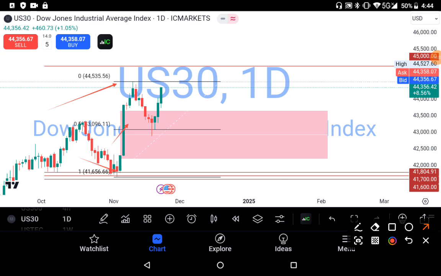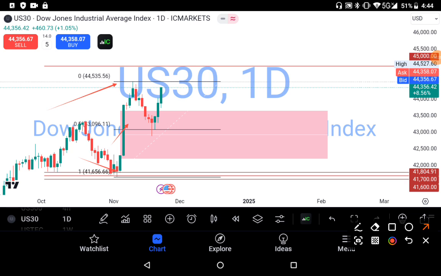Since I'm bullish on the market, I'm expecting the daily range to go at least up to the middle, the 50% level of the whole range, then deliver into 45,000.